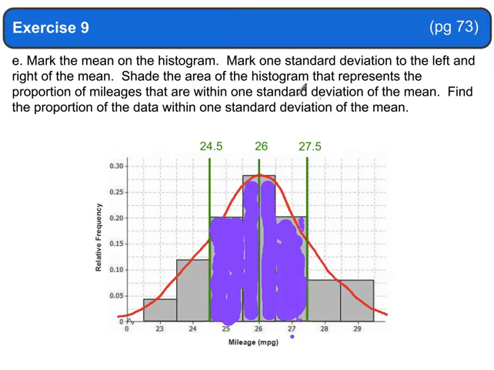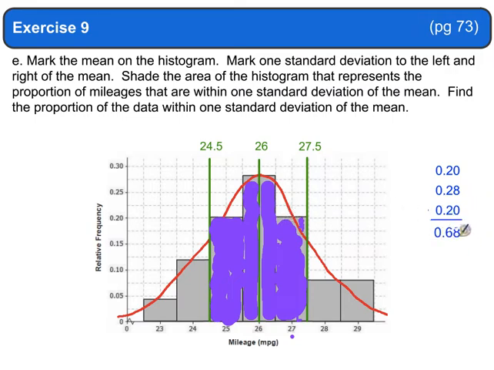Then they ask us to find the proportion of the data within one standard deviation of the mean. We've got 0.20, that's this first bar. We've got 0.28, which is here, and 0.20, which is this bar.